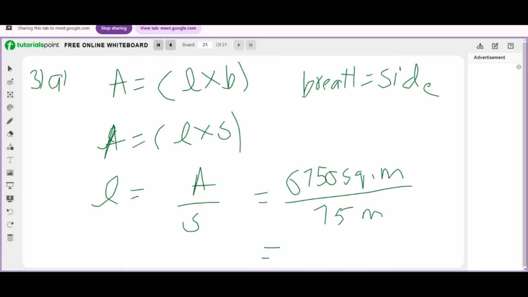Dividing, my bad, dividing. That is 90 meters. Because we have to count in meters, it's 90 meters. The final answer.